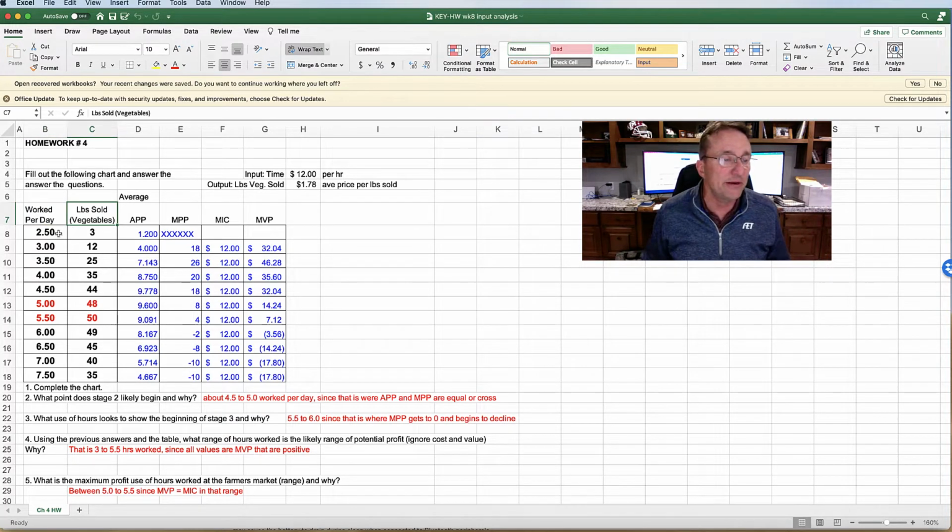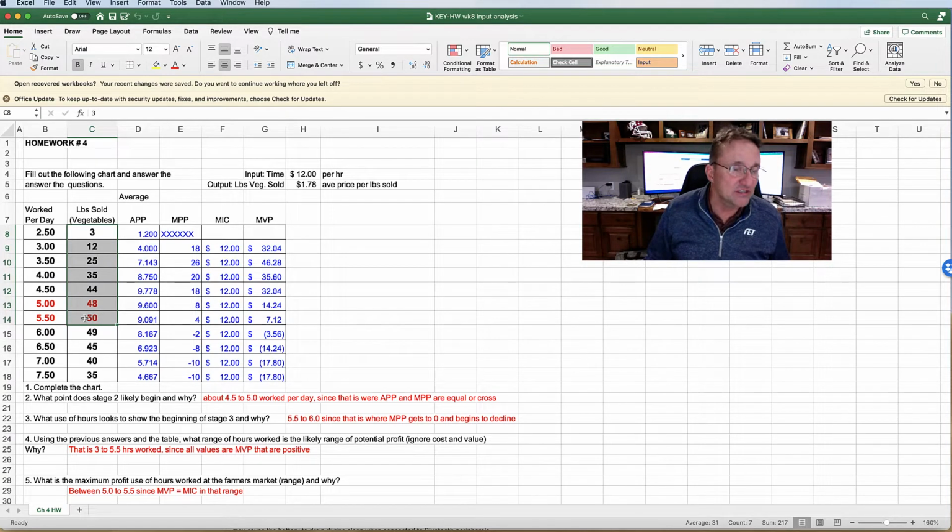So the more pickers that you have out there picking on hours of the day, the more vegetables are harvested and sold. However, you can see right here at 5.5 hours of a day, the 6 hours of a day actually drops in the vegetables harvested, meaning that maybe the workers really can't keep up with that much work of the day, so their total production actually drops.